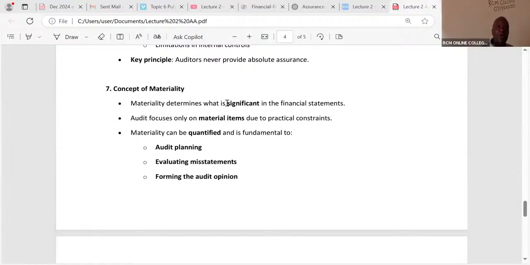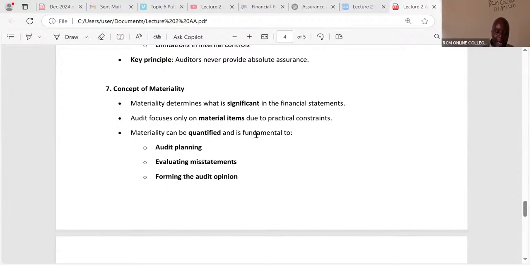Something is called material if it is significant, if it is able to influence decisions that are being made by the shareholders and everybody. If a figure is very, very small, we'll say that is immaterial. Audit normally focuses only on material items due to practical constraints.